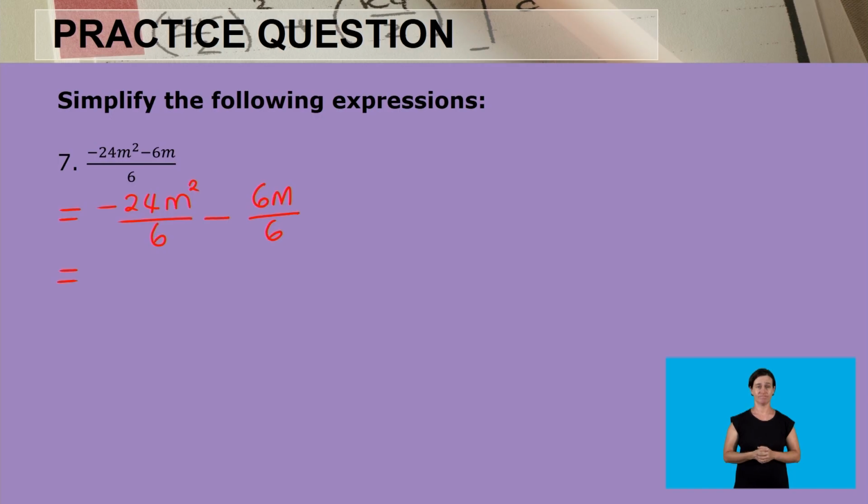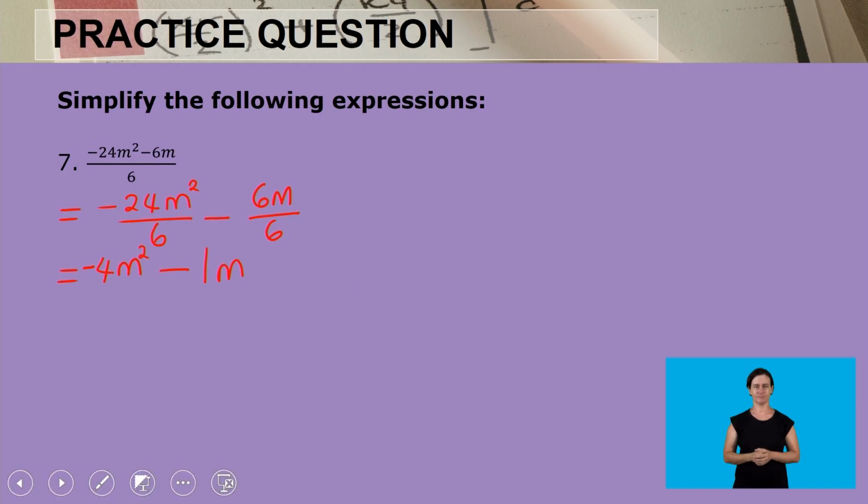Well, negative 24 divided by 6 is going to be a negative 4. And because there is no other variable, we are just going to write that power as it is. We are subtracting here in this binomial, so we are going to now say 6 divided by 6, we know that is 1. And of course, we're going to write that variable as it is.